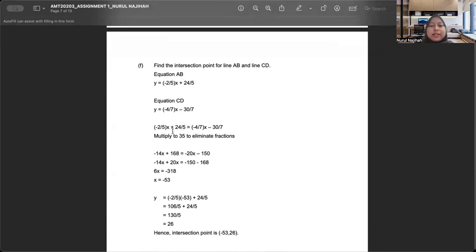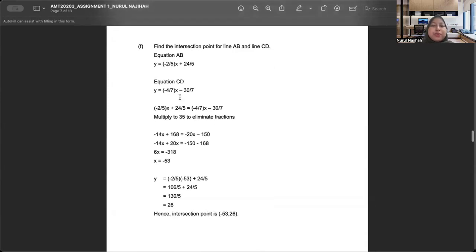How do I get the 35? We just remove this one times by 5. So multiply by this 35 to eliminate all the fractions. Once we have removed the fractions, we can see clearly that our unknown is only the x. So now we just have to calculate how much is our x. So our x is -53.